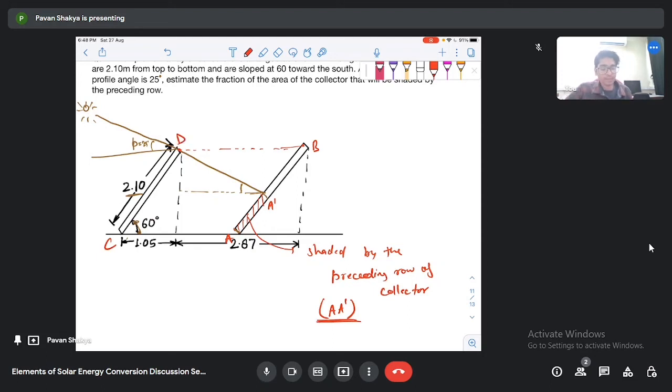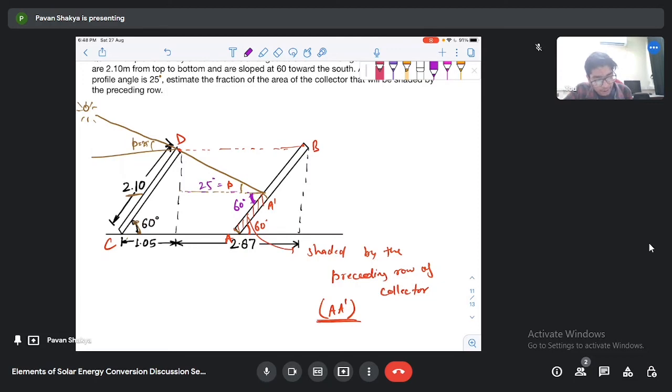Then you will find that this angle is our profile angle, that is P. Now you know that this angle is 60 degrees. From trigonometry you already know that this angle will be 60 degrees, these are parallel lines, and this line cuts two parallel lines, so the angles will be equal. So this will be 60 degrees. Now this P is given as 25 degrees.